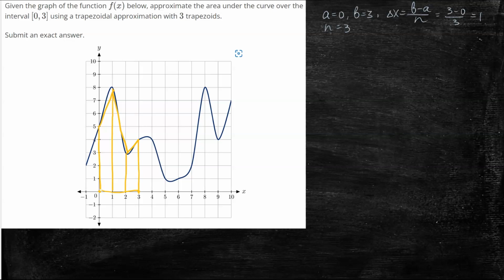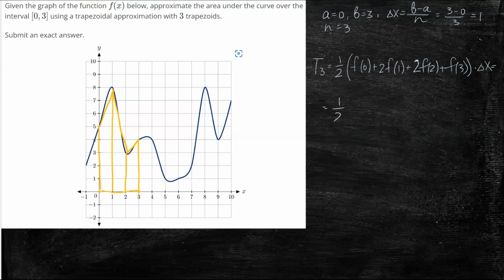However, if we do it analytically, it seems like it would be much easier. So T3 will be equal to 1/2 f of 0 plus 2f of 1 plus 2f of 2 plus f of 3 times delta x.